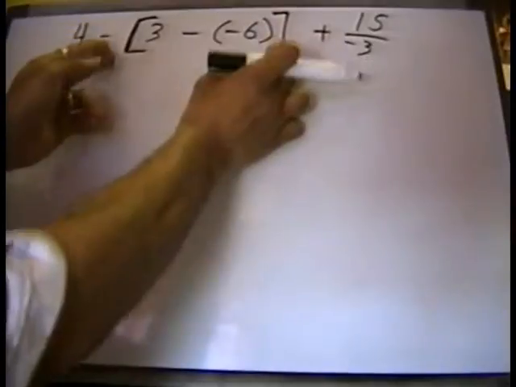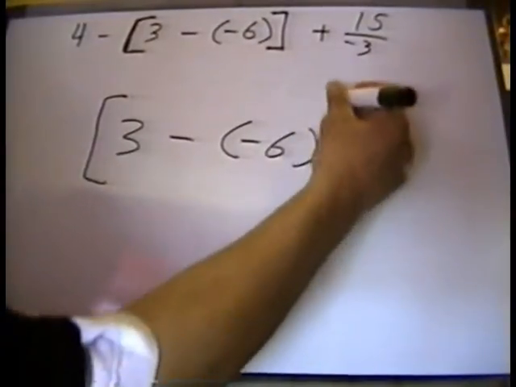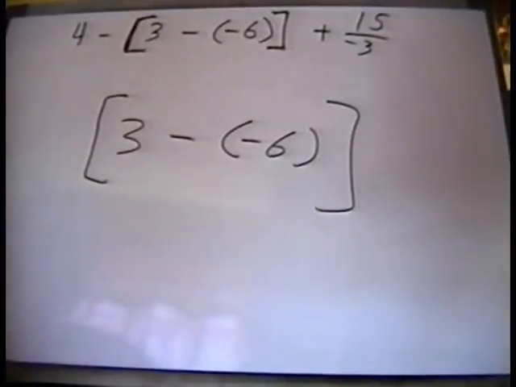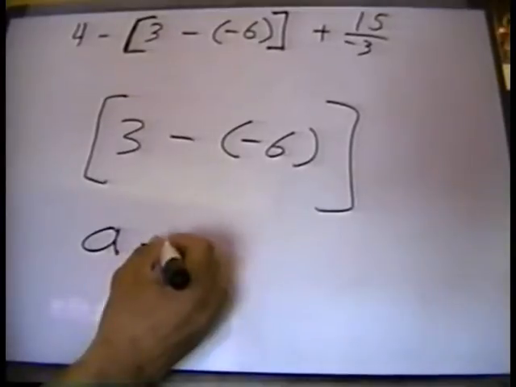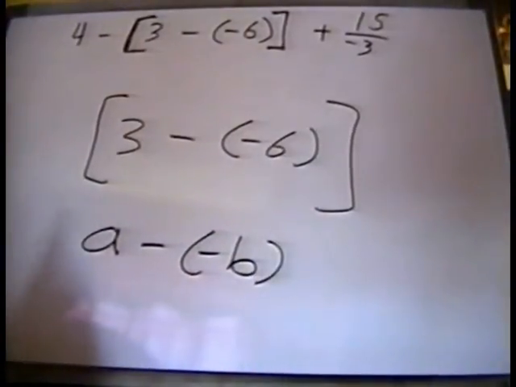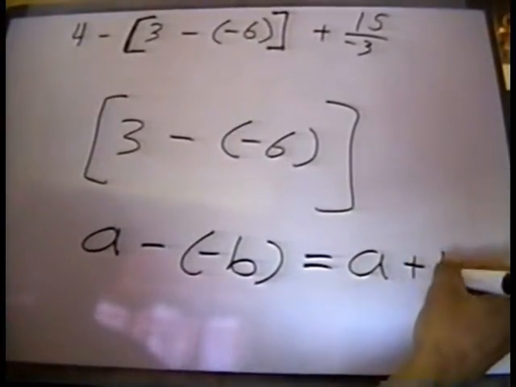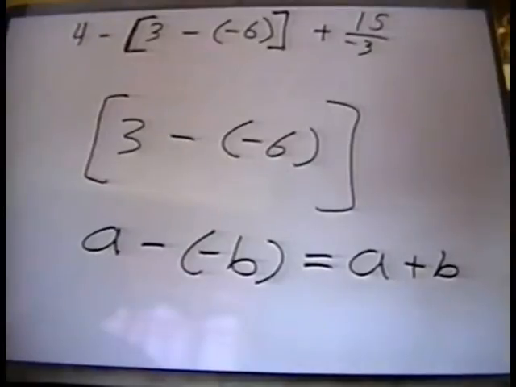So what we're going to deal with is that 3 minus a negative 6. Okay, now anytime you have a number minus a negative number, that becomes a positive number.